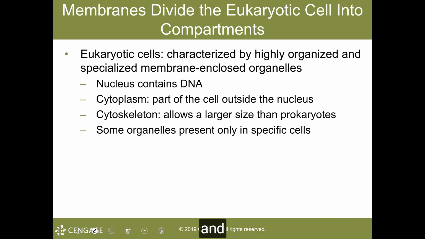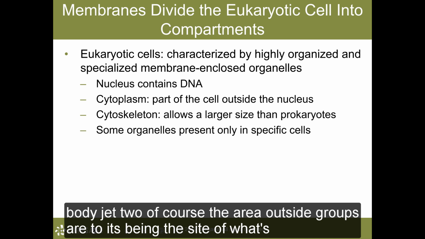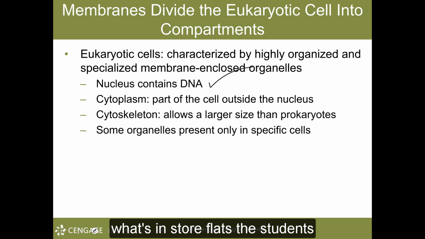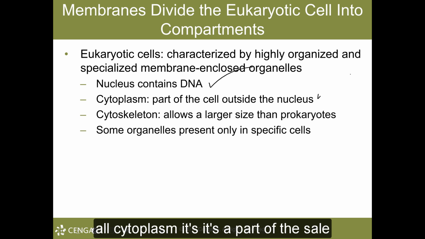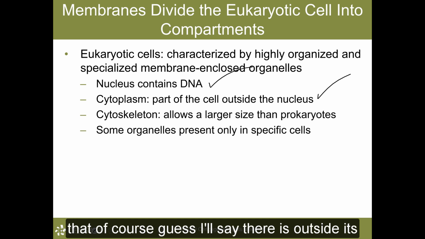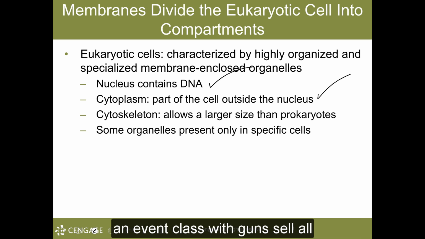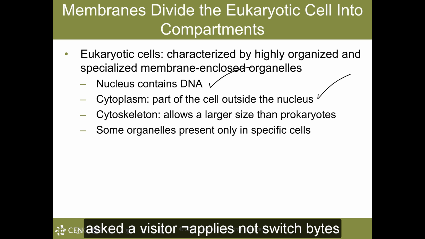And the area outside of the nucleus is referred to as the cytoplasm. We've already finished up: the nucleus contains DNA. Well, the cytoplasm is that part of the cell that is outside the nucleus, and even within the nucleus itself it's called nucleoplasm. But I'll just refer to it as cytoplasm.